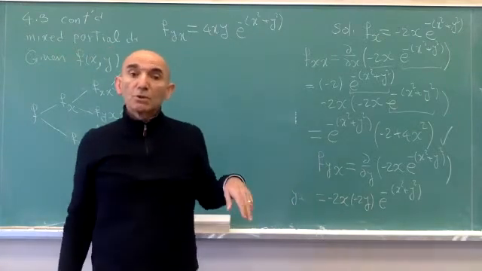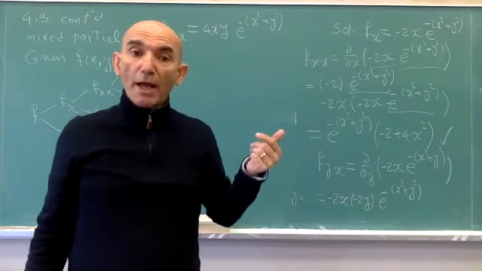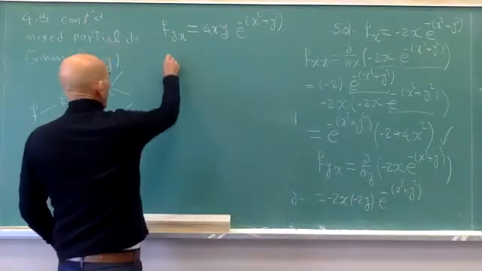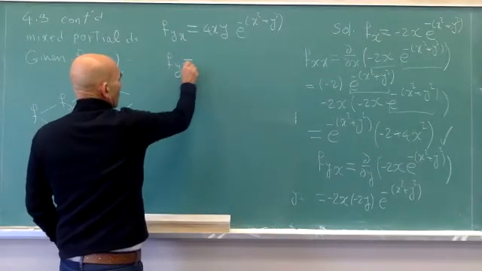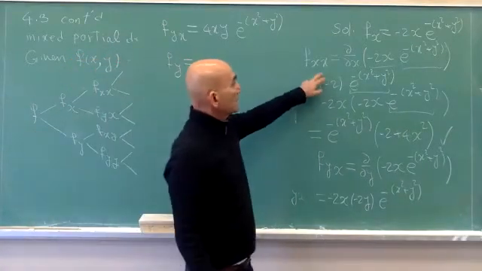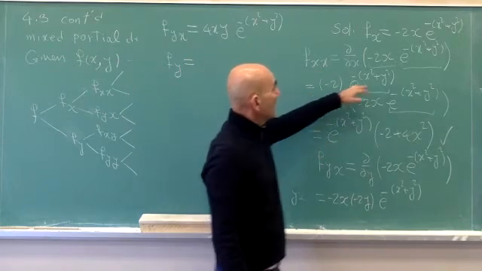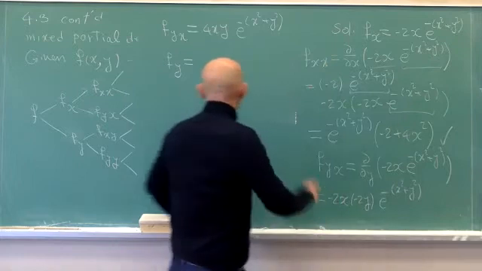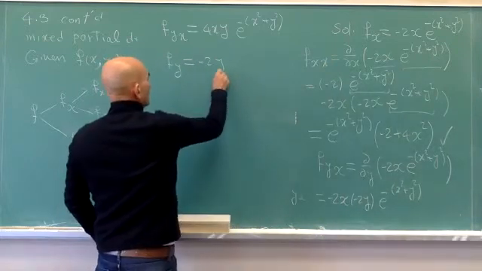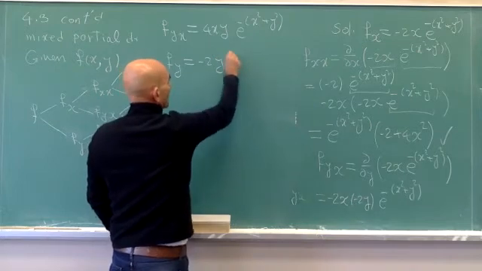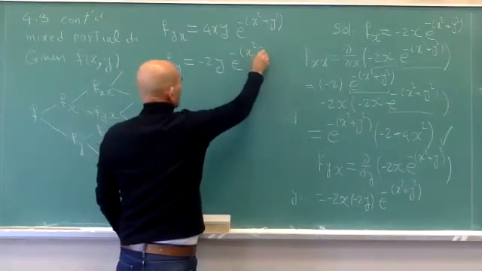Now we can do fy and then fxy, the other way around. So fy, well, this is completely symmetric, so I can just look at f sub x and then replace x by y. You get minus 2y. Or you can just compute it, that's not a problem. Minus 2y exponential of negative x² plus y².